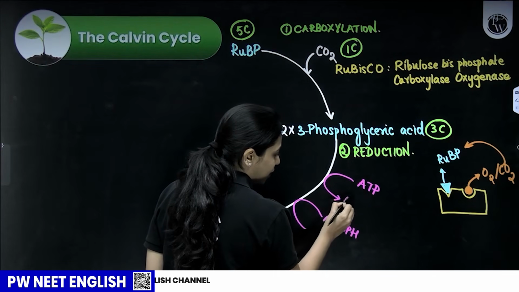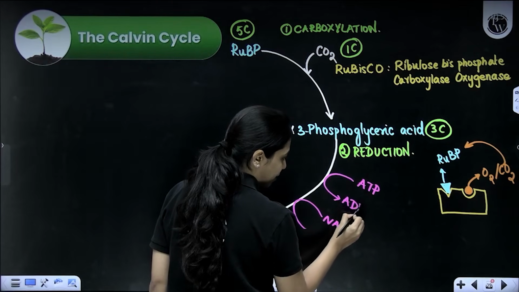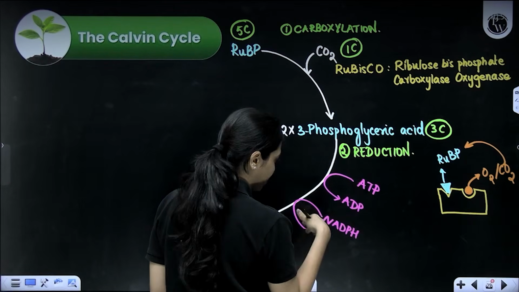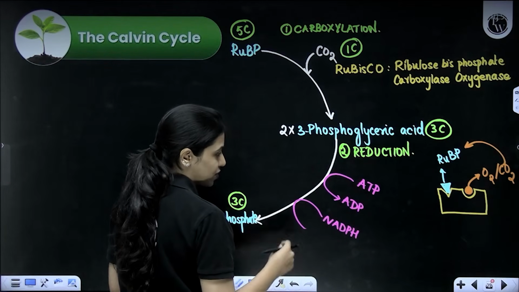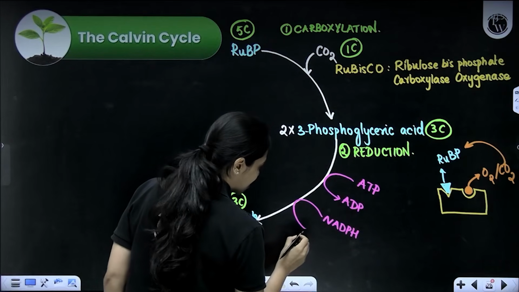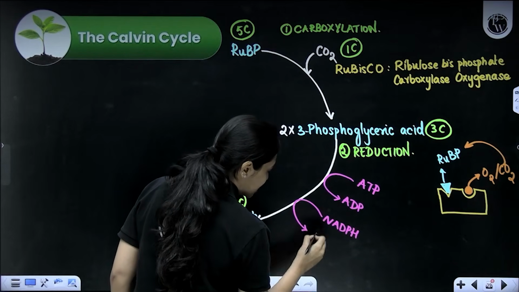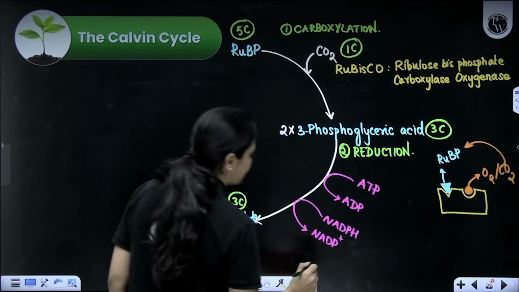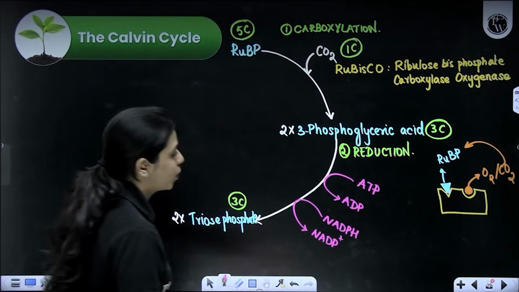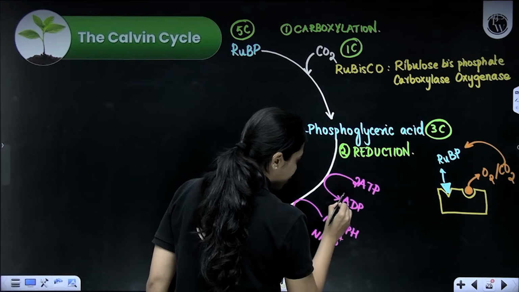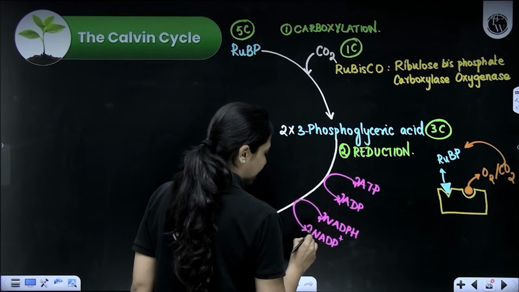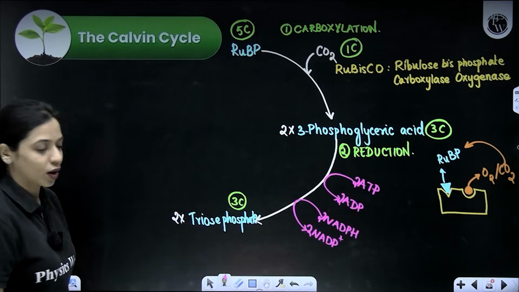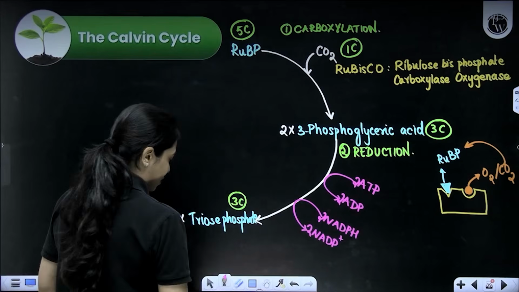ATP will break down to form ADP and inorganic phosphate, and that energy is what will get utilized. And NADPH will get oxidized to NADP plus. Since there are 2 molecules here, this will require 2 ATP and 2 NADPH. This process is called reduction.